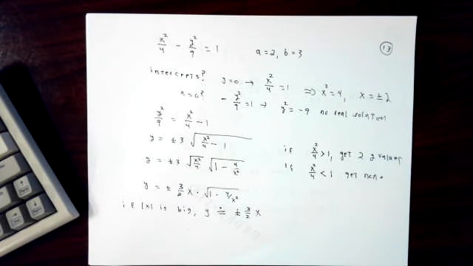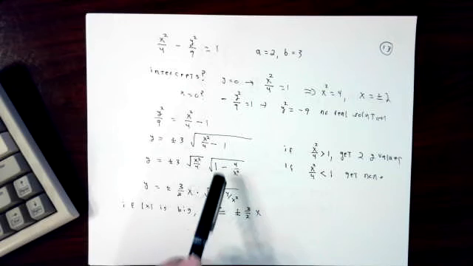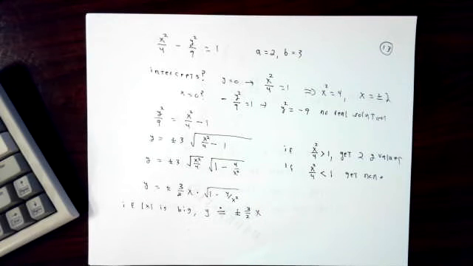The reason that I want to think about it like this is when x is big, when the point you're talking about is far away from the origin, 4 divided by x squared is going to be very small. The further out you get, the smaller it'll get. The quantity underneath the square root sign here is 1 minus something that's really small if I'm far away from the middle of the picture.